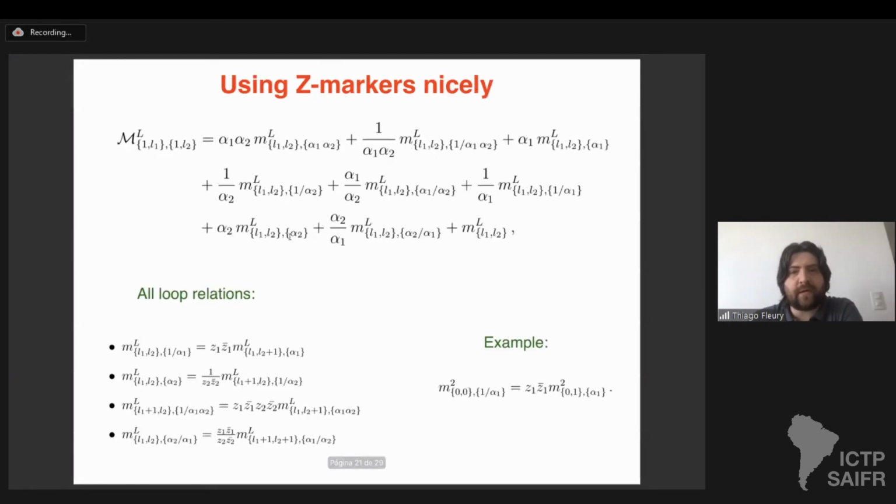So now I will explain to you how to use these Z markers nicely. This is the reason why I mentioned them previously. If you take any two particle at L loop for any bridge lengths, L1 and L2, they have this R charge structure given here. It also depends on the alpha bar, but it depends in a symmetric way, so I omitted the dependence here.